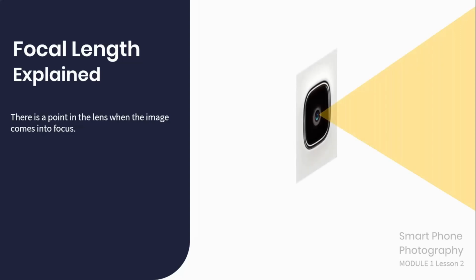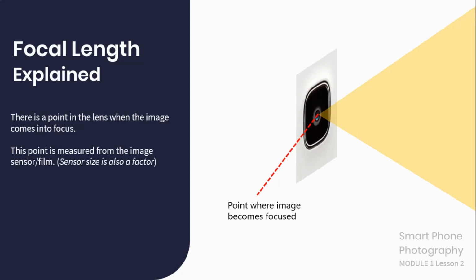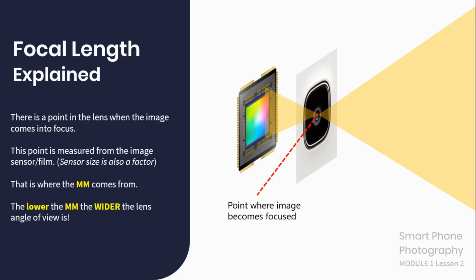So when the light enters into our lens and is projected onto our image sensor, size is also a factor here, but when it's projected onto our sensor, that distance between where the image is focused, measured from the image sensor, is where we get those millimeters.